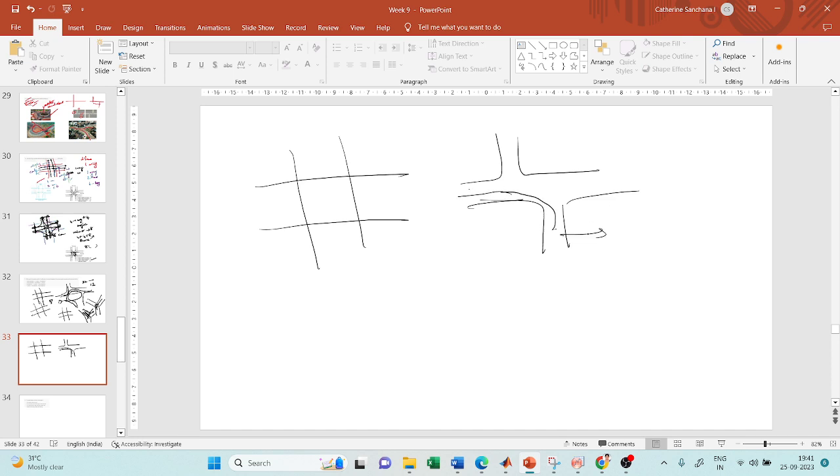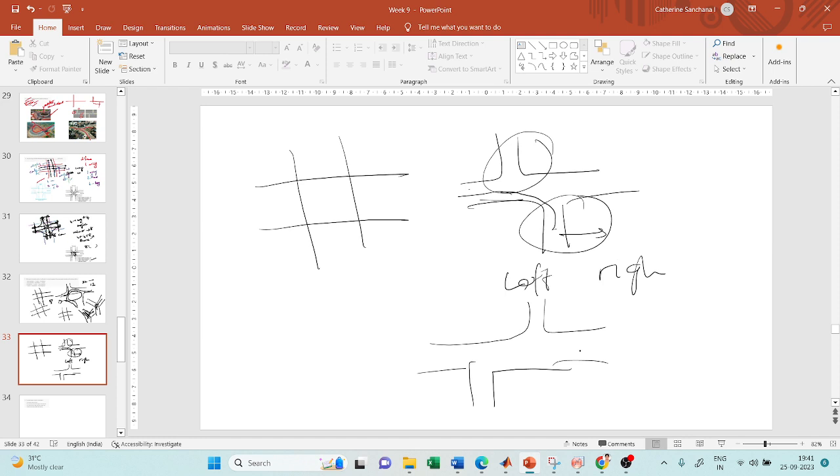So this is a left right stagger. Okay, so you have left right and right left stagger. So they say that right left stagger is better than left right stagger. So providing a staggered intersection also reduces the number of conflict points.